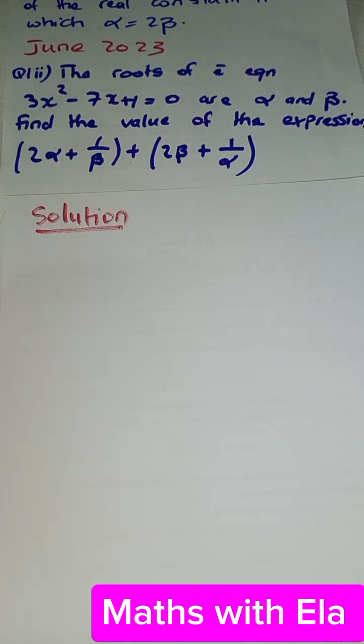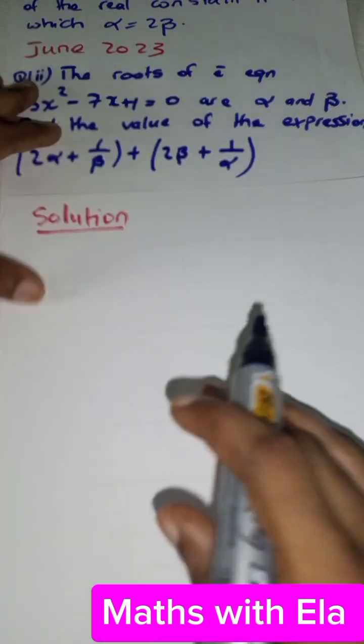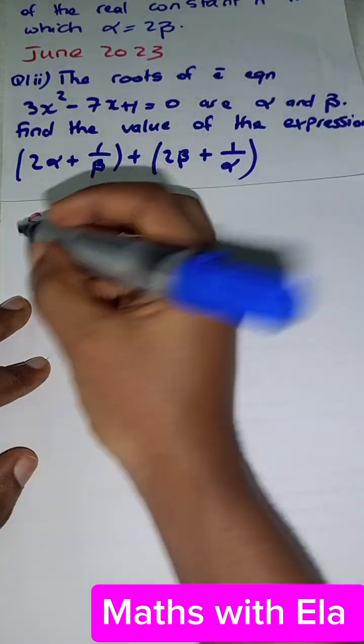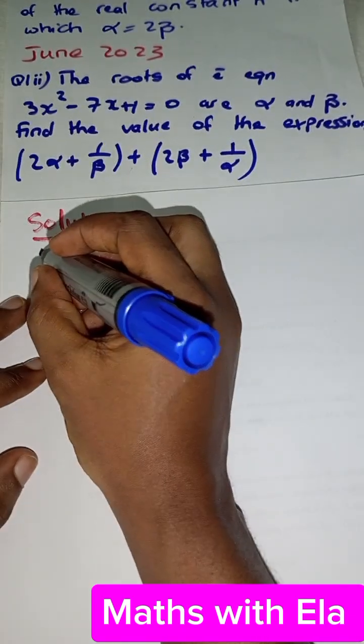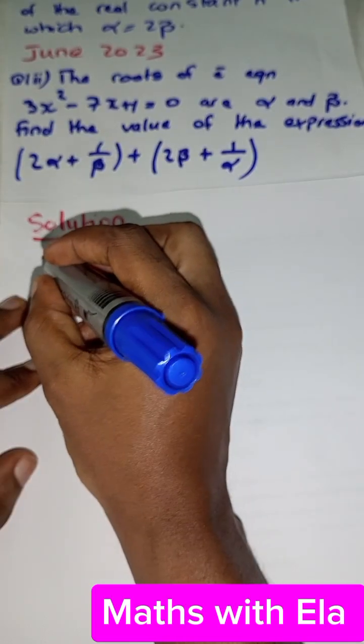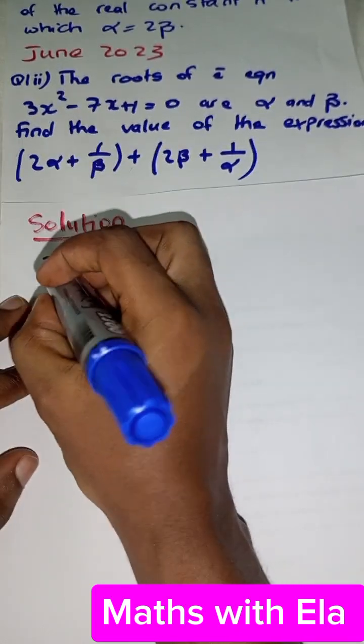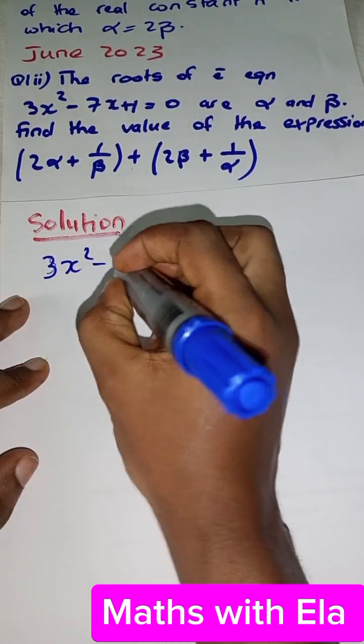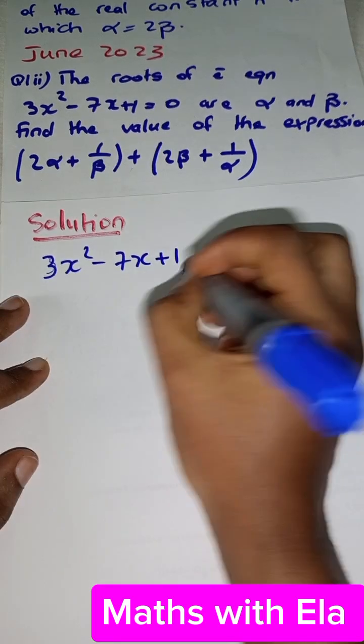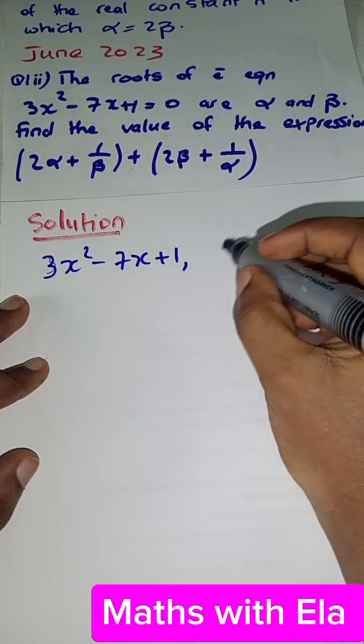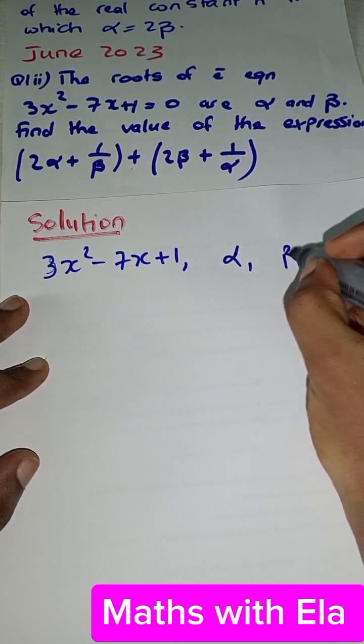Now, with that in mind, we can go ahead to solve our question on the theory of quadratics. So we start by writing out the equation we're going to be working with, that is 3x squared minus 7x plus 1, and we say the roots of this quadratic are alpha and beta.